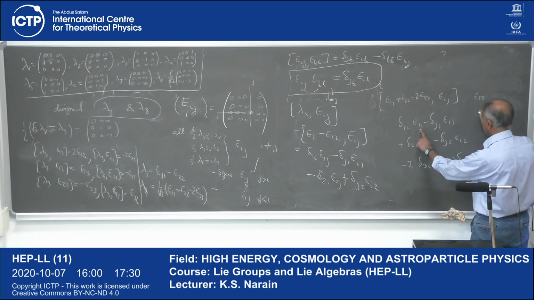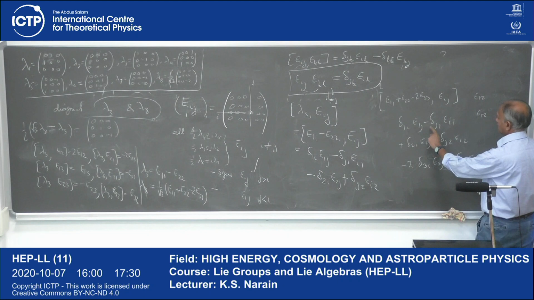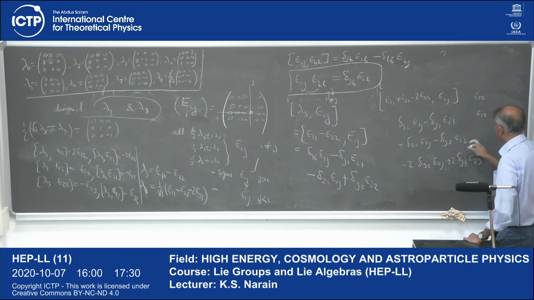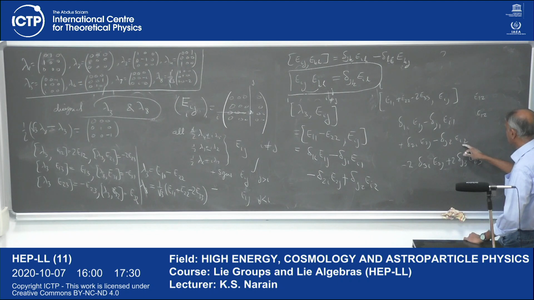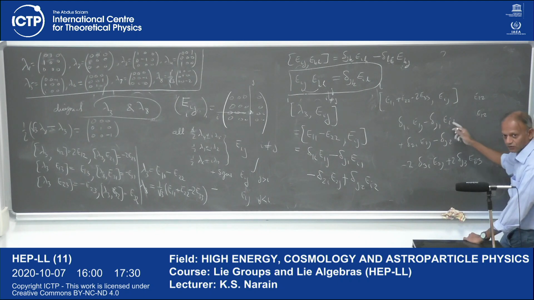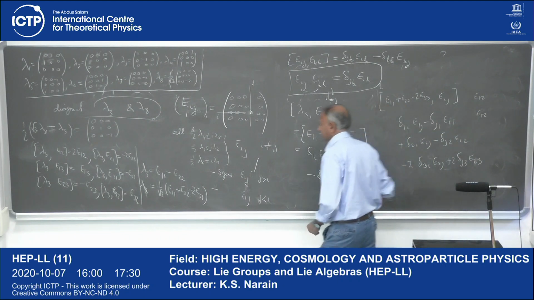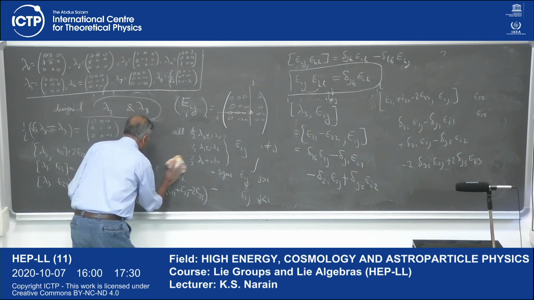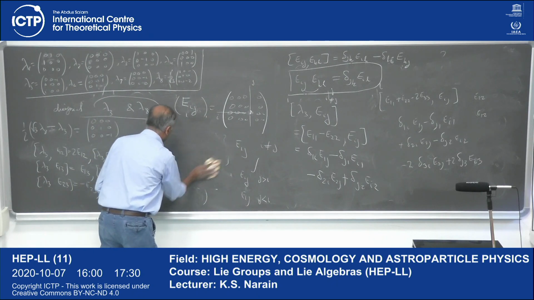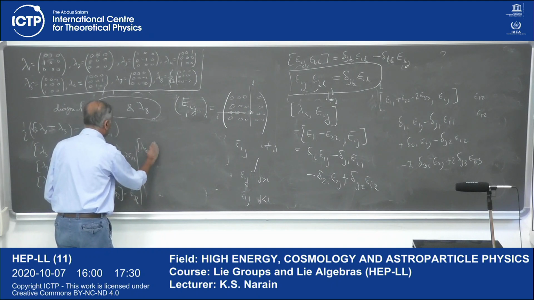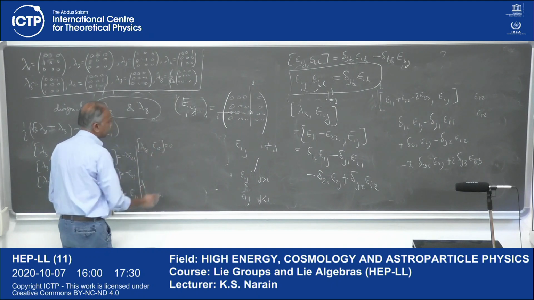So you get here E12, and here j is 2, so this drops out, only that survives. So it cancels, it's 0. So maybe I should write it here somewhere. So lambda 8 with E12 is 0.